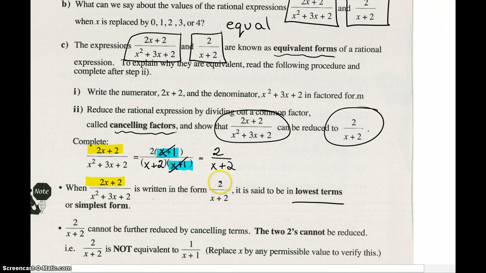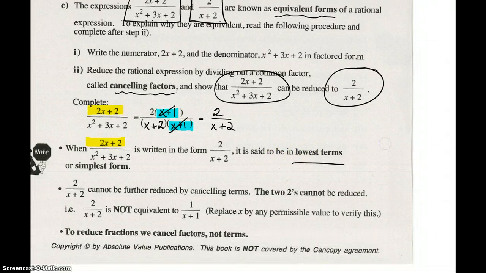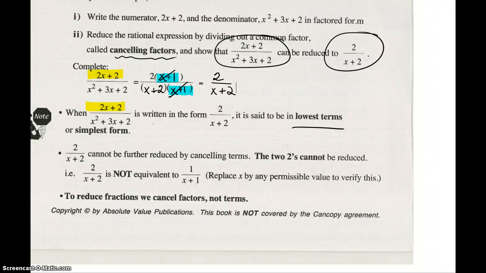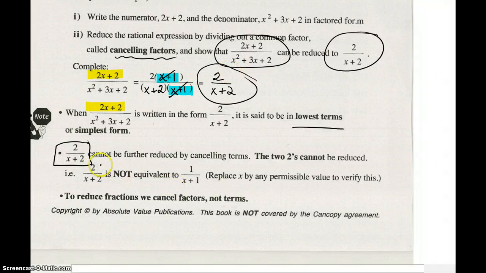So once I factor, I can actually cancel out my factors as long as they're on the top and on the bottom. Notice then that expression that we started in the first column can also be written as it is in the second column. It's considered to be in lowest terms. Notice this was what I was left with right here. 2 over x plus 2 cannot be further reduced because the two 2's cannot be reduced because they are not equivalent.